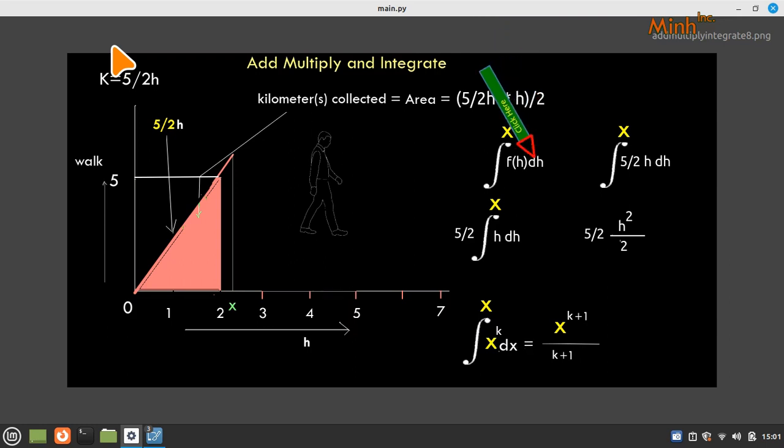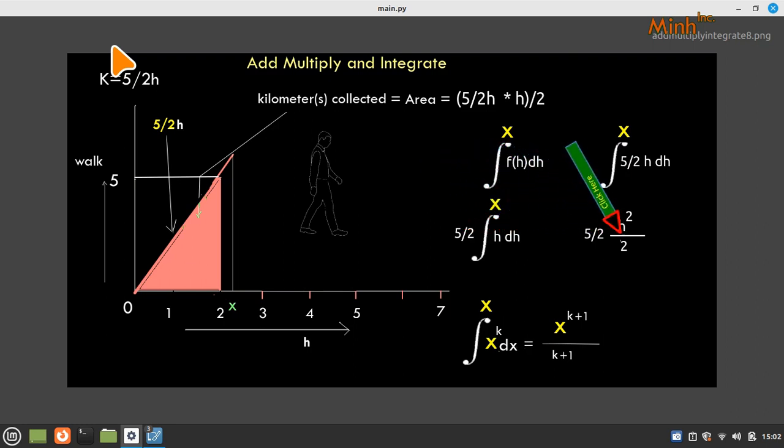In integration notation, for any h we want up to x. So I can say the integral of f(h) dh up to x. So f(h) is 5 by 2h, so the integral of 5 by 2h dh up to x. If I take out 5 by 2, then h dh, only the variable inside.